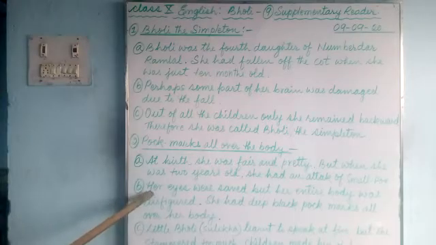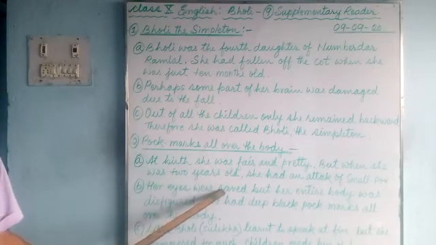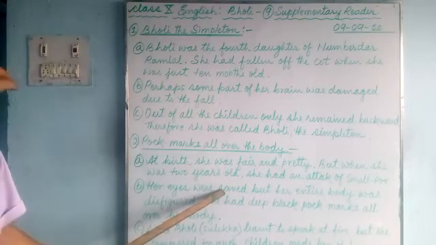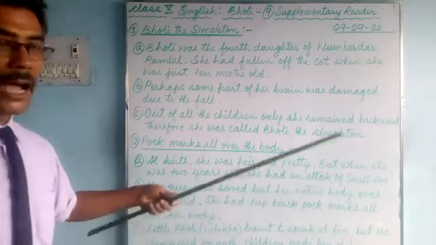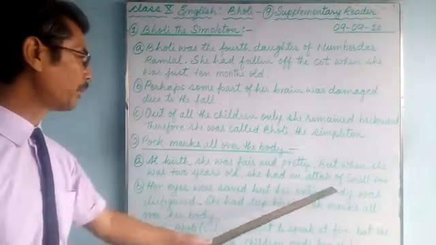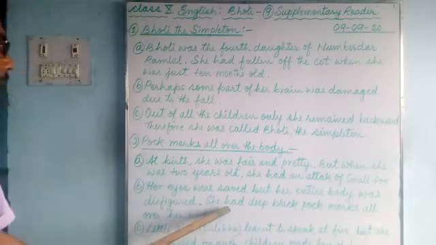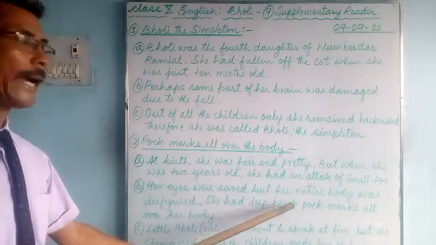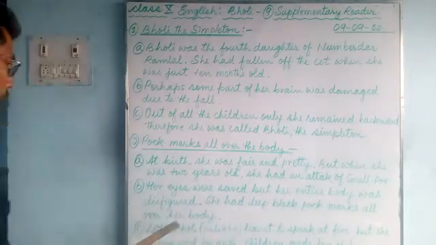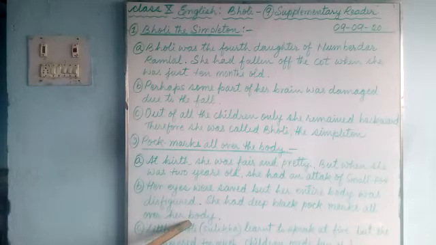Number B, her eyes were saved. Only her eyes were saved, but her entire body was disfigured. Disfigured means damaged. She had deep black pox marks all over her body. Her beauty was disfigured.